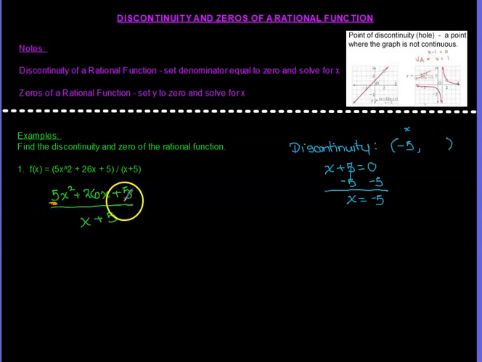And I'm going to take 5 times 5, first times last, which is 25. So I need two numbers that multiply to be 25 and add up to be the middle number, or b, which is 26. List all the numbers that multiply to be 25 and see which one of them also adds up to be 26, and that would be 1 and 25.